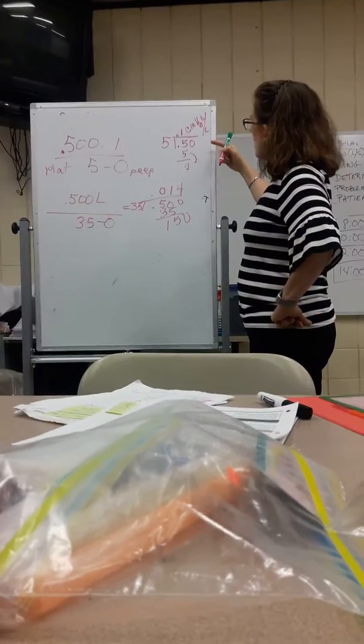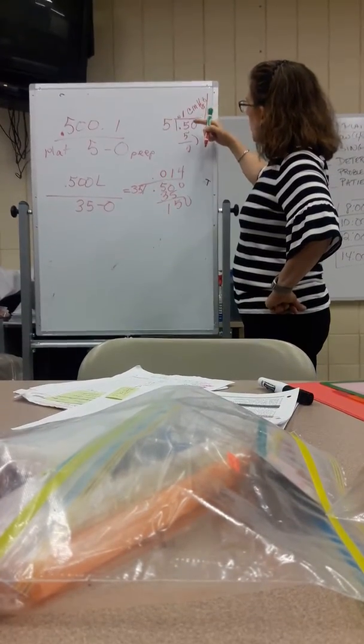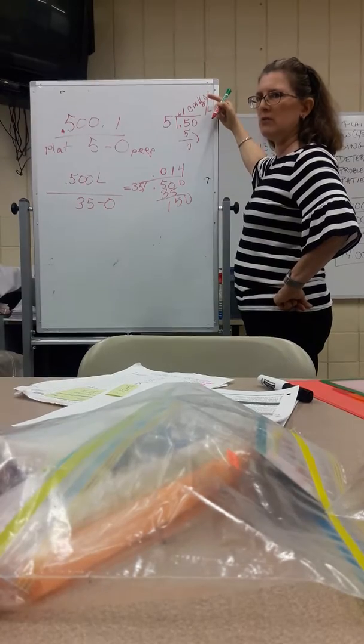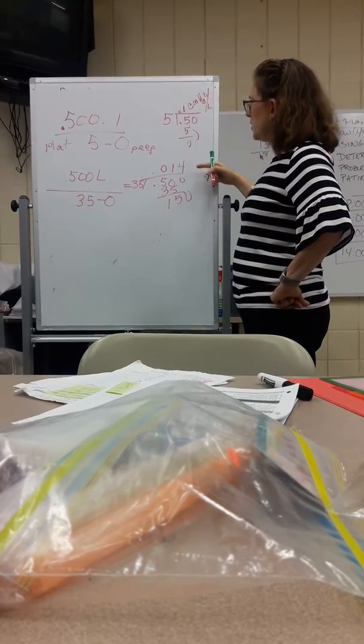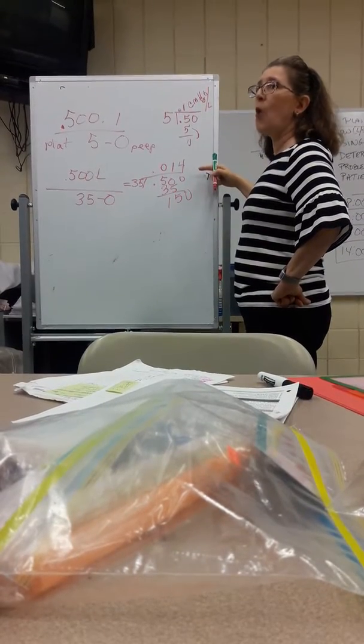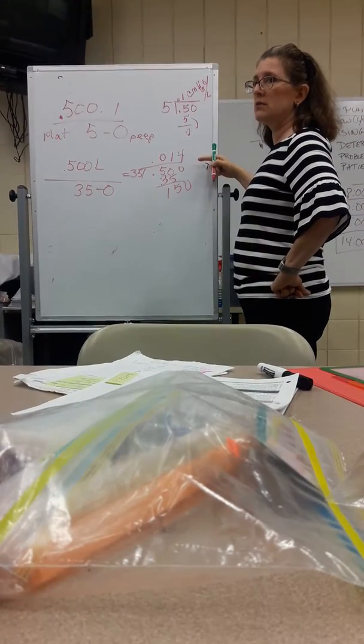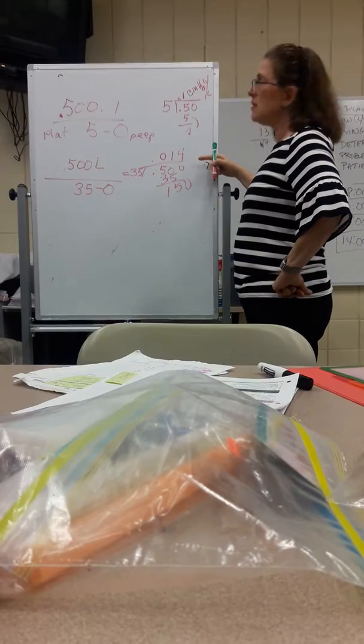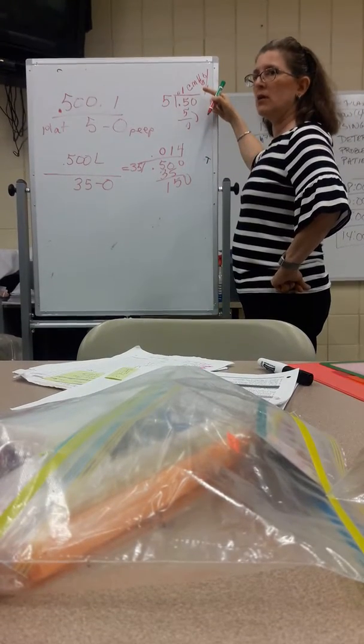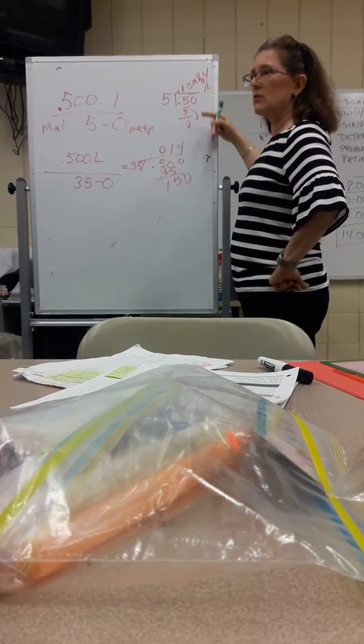Here's the difference. Earlier I got 0.1 liters per centimeter of water. Here I'm getting 0.014 liters per centimeter of water. The bigger the number, the more compliant.